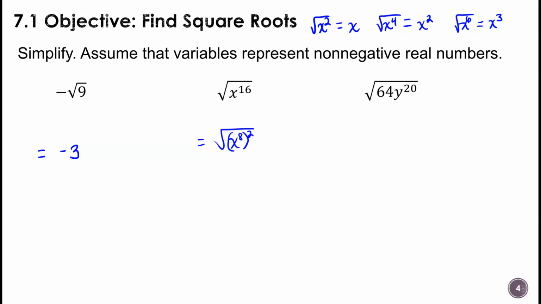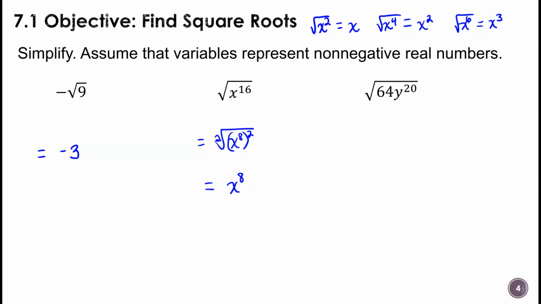So notice if I can get this 2 to match the index, which is a 2 on a square root, then my root will be x to the 8th power. So the shortcut is you can divide the exponent by your index.